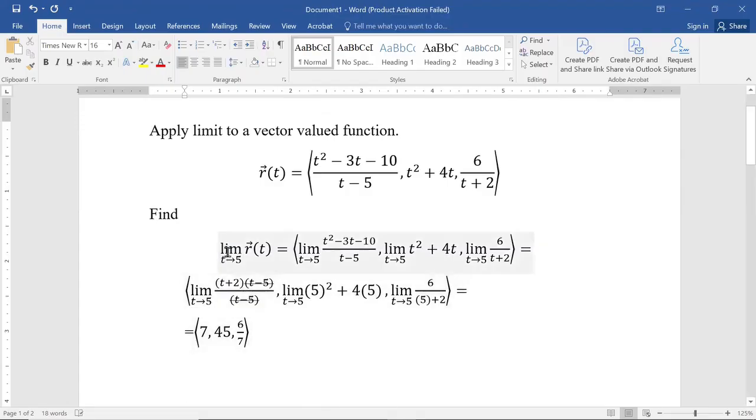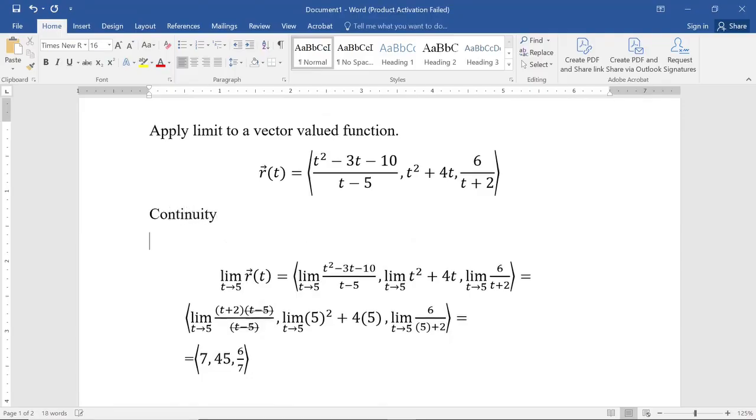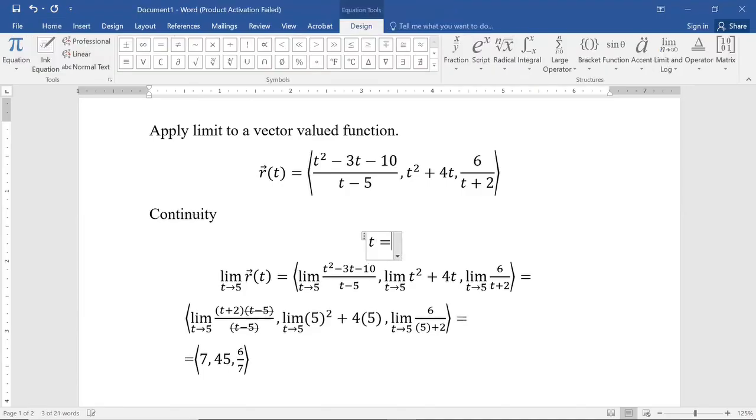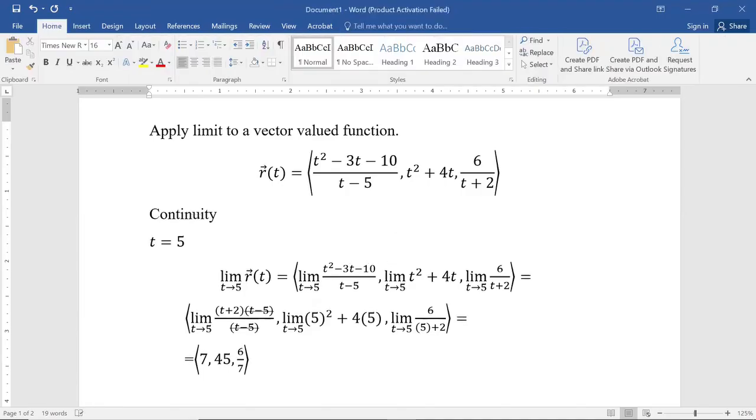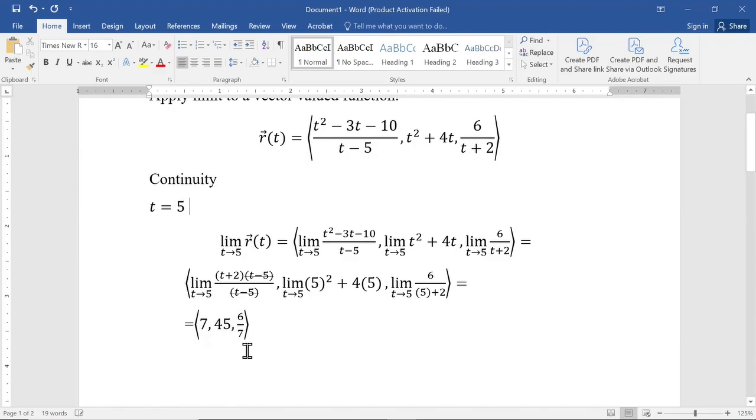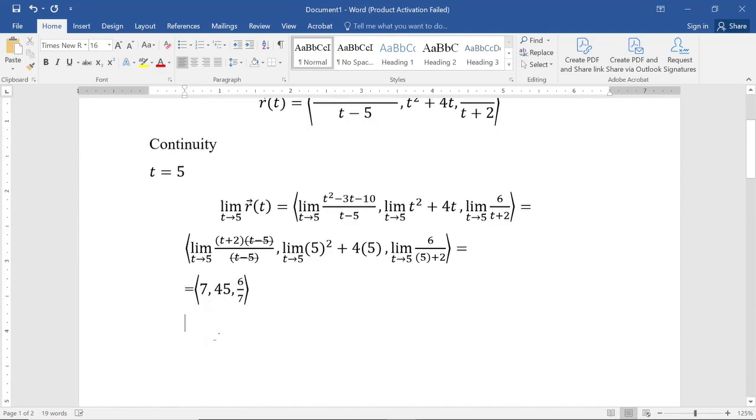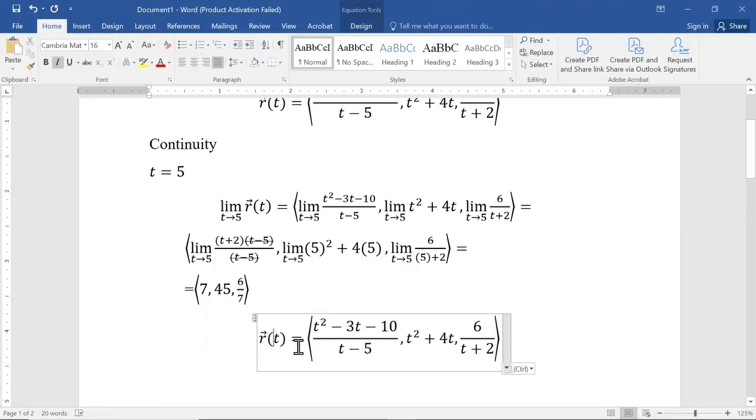So we know for this first one, we're determining continuity at a t value of 5. We know that the limit exists and that that limit is 745 6/7. So now what we're going to do is plug in 5 and see what we get.